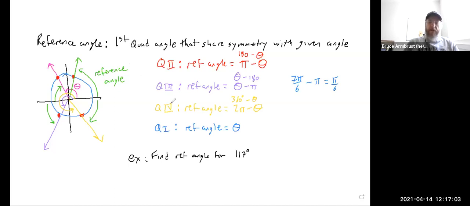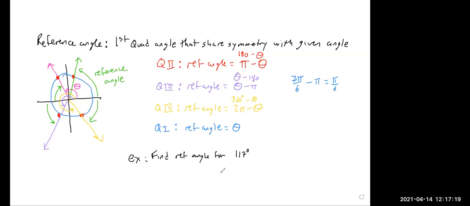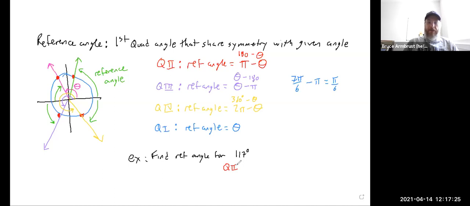All right, so first things first, we have to figure out which quadrant, so we know which of these things to do. So what quadrant is 117 degrees in? Quadrant 2. Good. So this one's in quadrant 2. It's way easier to figure these out in degrees, right?